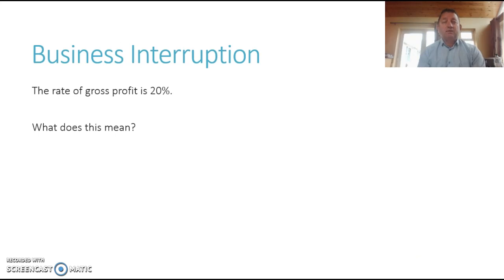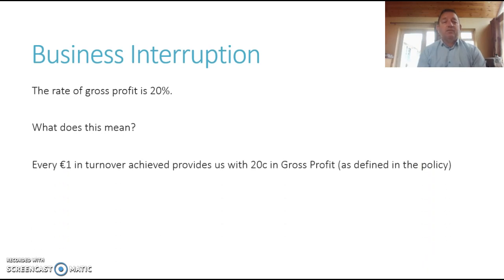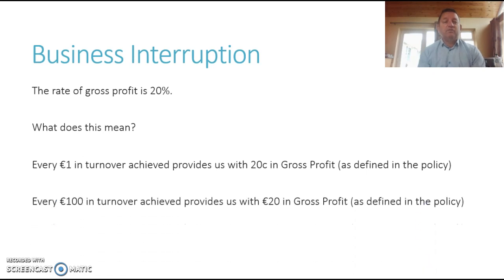So we've established that the rate of gross profit for our furniture business is 20%. What actually does that mean? Well, what it means is that for every €1 of turnover that we achieve, it provides us with 20 cents in gross profit. Or, put it a different way, for every €100 in turnover we achieve, it provides us with €20 in gross profit.